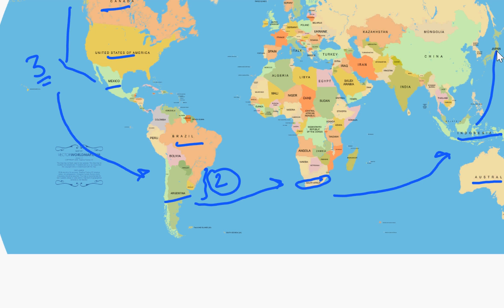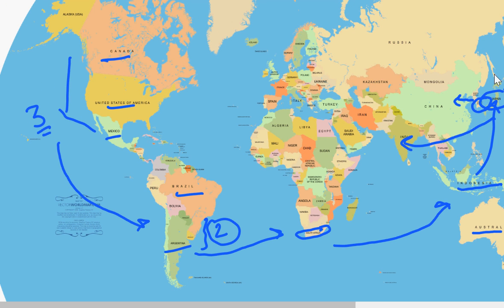Then Japan and South Korea. Then China and India. Since in Asia, only China and India are the developing countries. Then Russia.